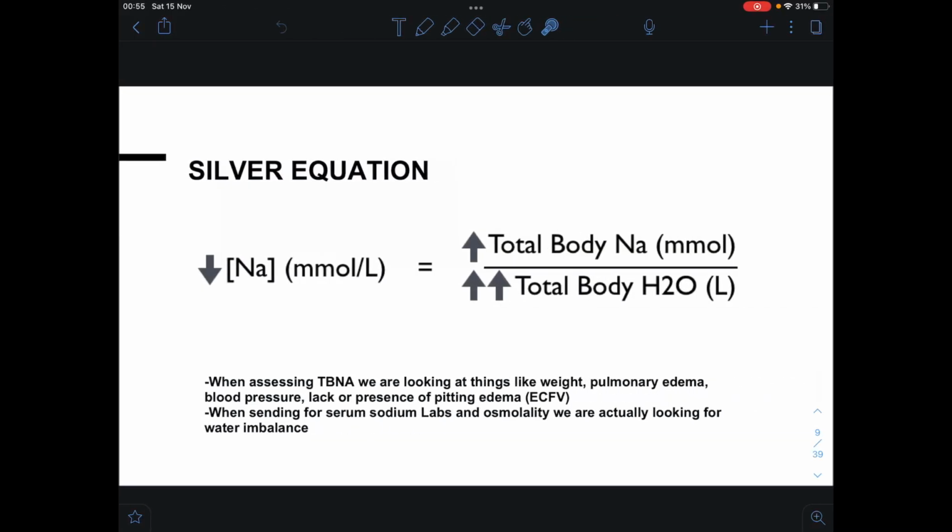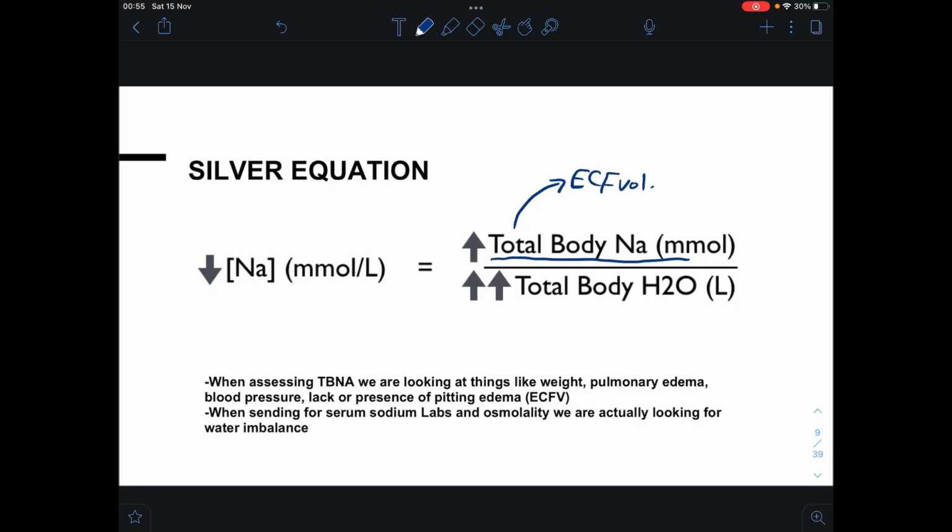The Silver equation is a very useful equation in order to understand sodium disorders. It goes like this: the serum sodium equals the total body sodium divided by the total body water. Bear in mind that the total body sodium is a very good representative of the extracellular fluid volume.